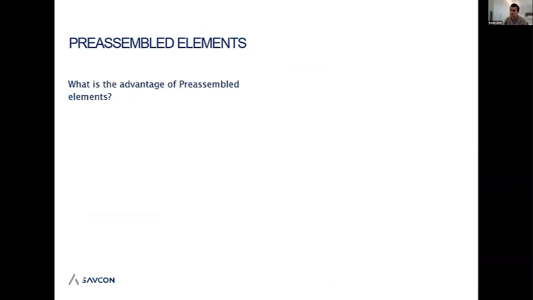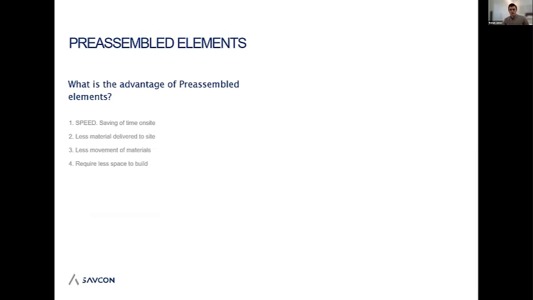So the advantages of pre-assembled elements are clear: it's speed on site. We can take that time off site and put it into a factory, a more controlled environment. It's going to be quicker, and it's going to end up costing less. The ones that are less obvious are less movement of materials. Like I talked about with that Megant connection or the Sherpa connection, you don't need to double or triple move materials.